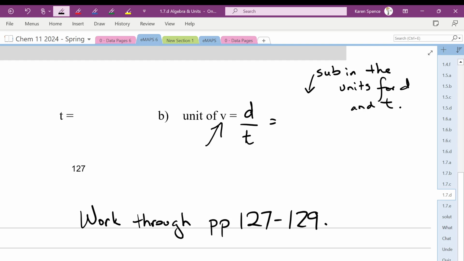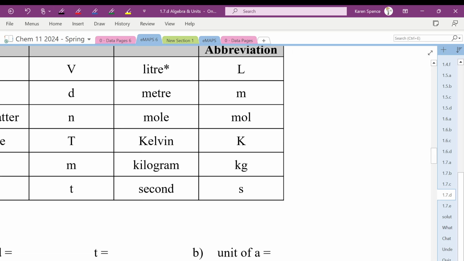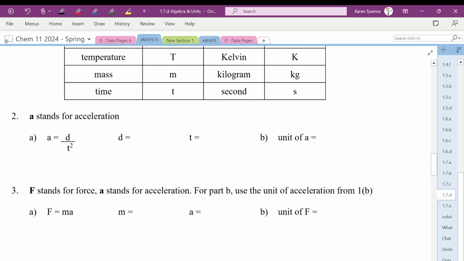Folks, there's a typo in the book that I gotta fix because it makes it confusing. So, if you are on number 3 and you're trying to find acceleration, the unit of acceleration, it says for part B, use the unit of acceleration from 1B, but it should say from 2B.